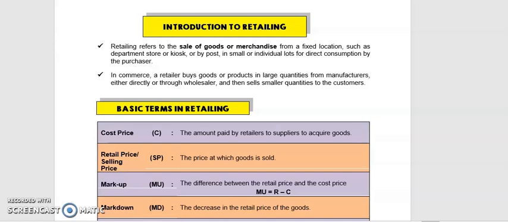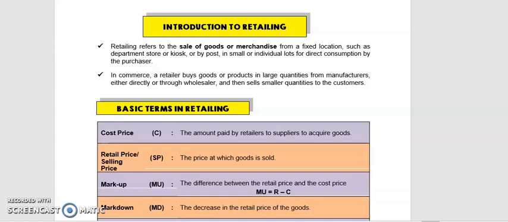For example, if you wish to have a small grocery shop in your village, maybe you can go to a wholesaler, buy in bulk or in large quantities, and then sell in smaller quantities at your grocery shop.